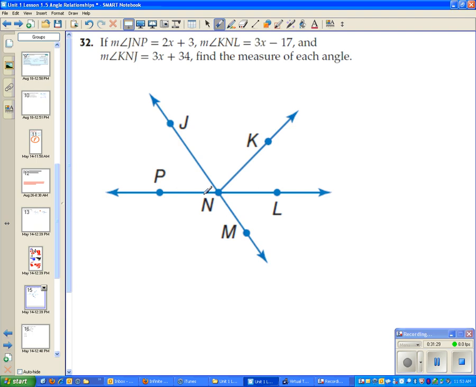Label it. Label your figure. And then check to see if you labeled it the same way I did.